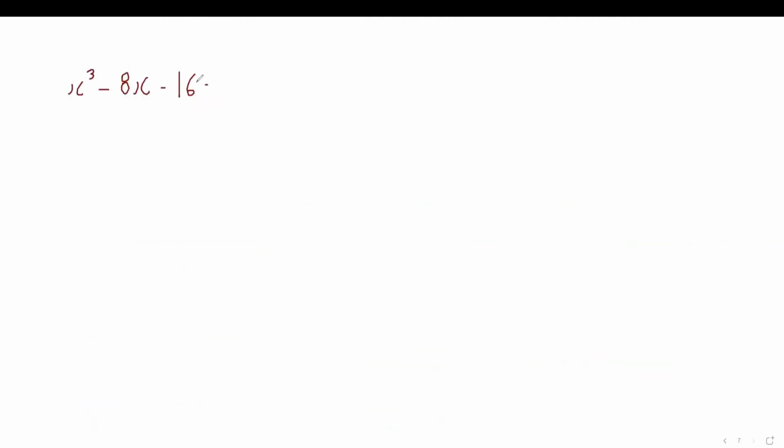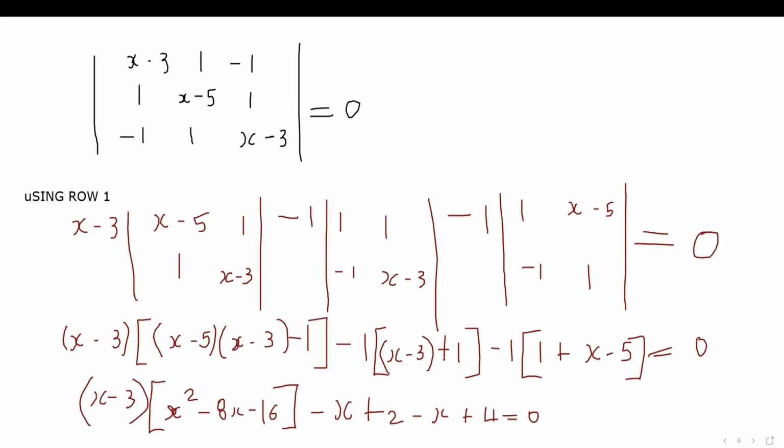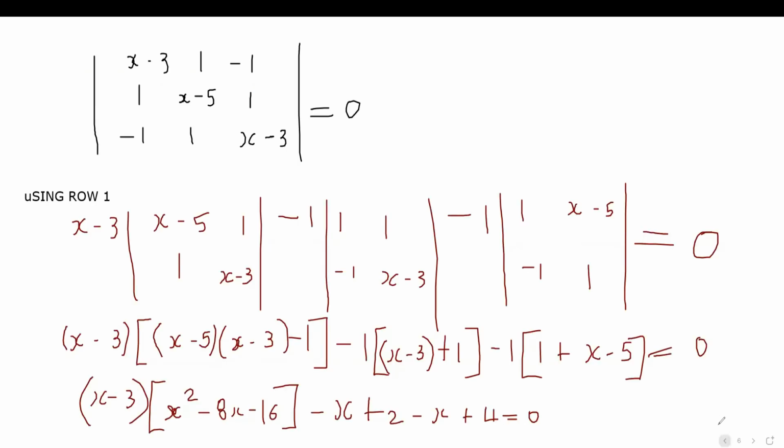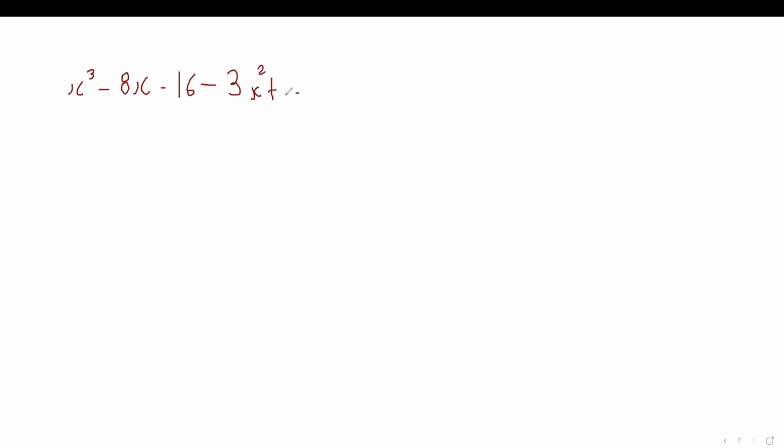Then you have minus 3 times x squared, minus 3x squared. Then we have minus 3 times minus 8x, that is now just plus 24x. And then we have minus 3 times minus 16, that's plus 48.